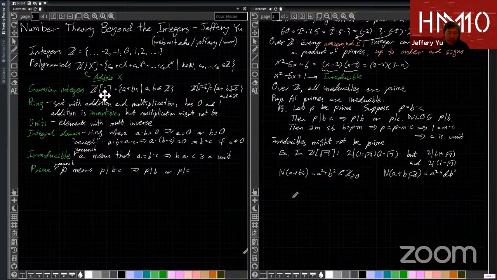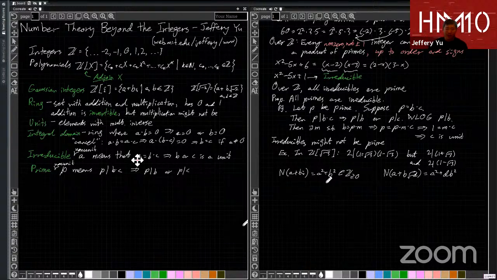When I adjoin a specific number, you can think of it as substituting that number into the variable x and seeing what possible numbers result. So when you adjoin something, you always get a ring. Whether you get an integral domain or not is a different matter, and maybe I'll touch on that at the end.